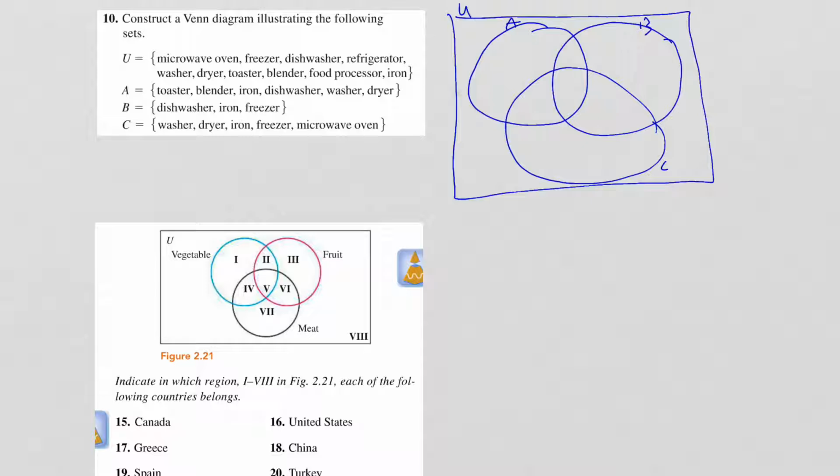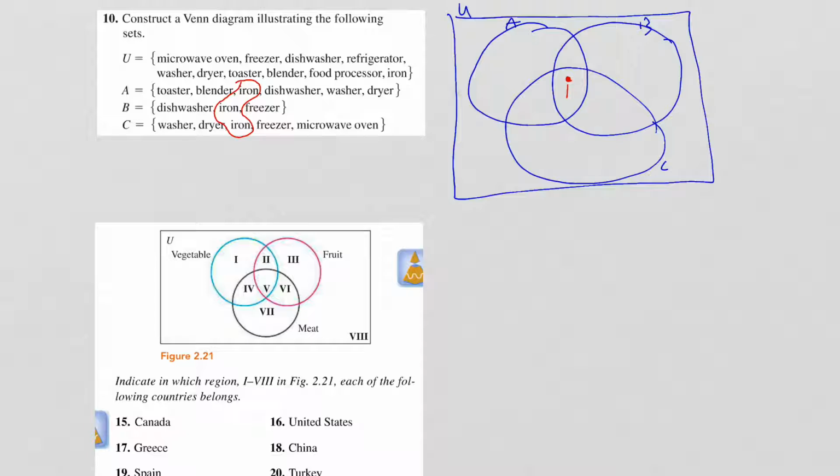We take a look at A, B, and C and see that there is iron, and that's about it. I'm just going to abbreviate with the first letter or a few letters here. So this is going to be the iron right there in the center.